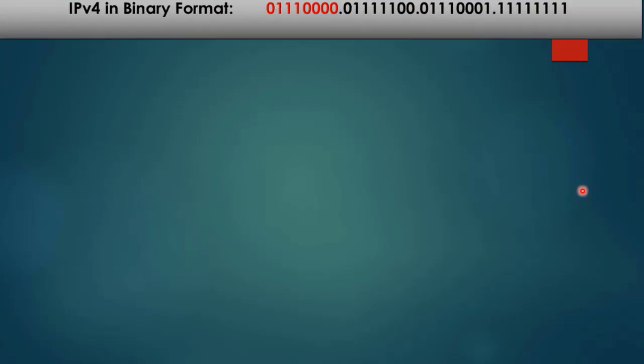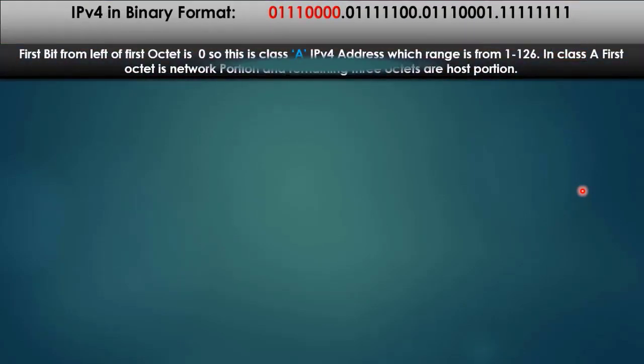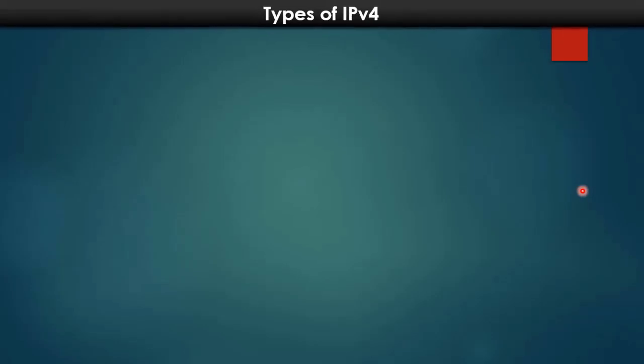Now we will discuss the types of IPv4. The first IPv4 type is private IP address, which is available free of cost, and this address is used within the network.